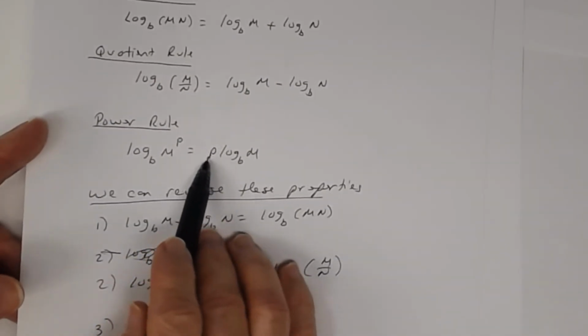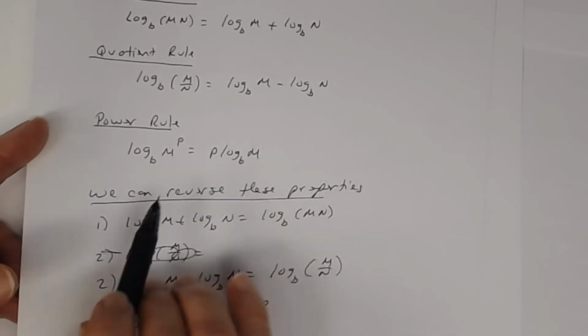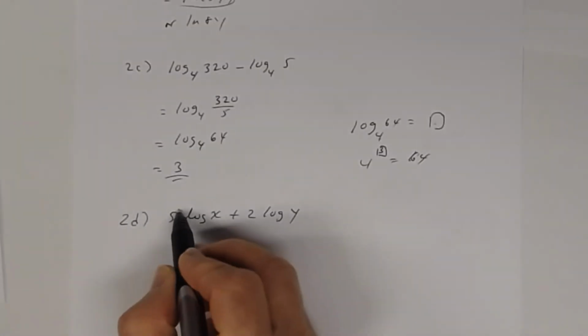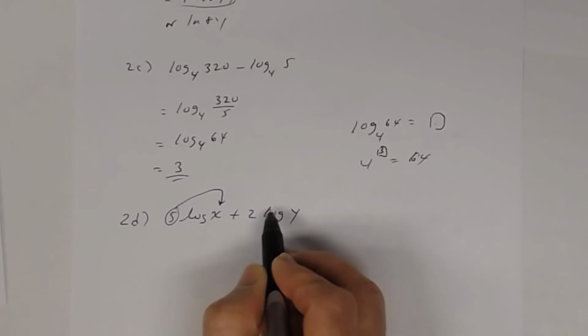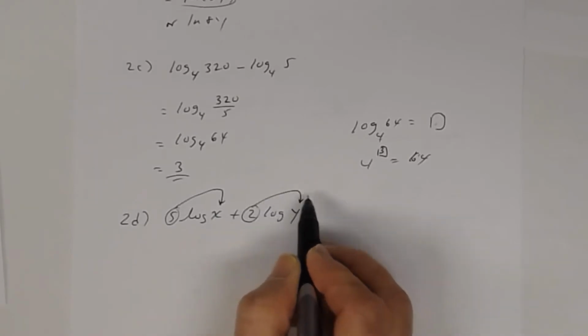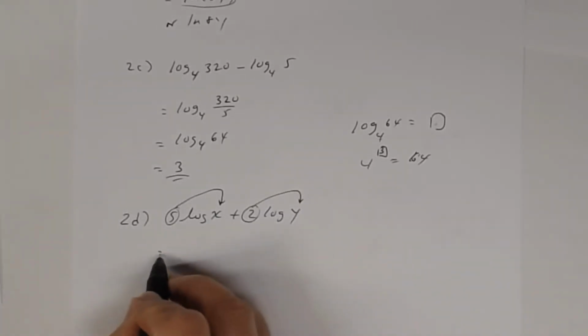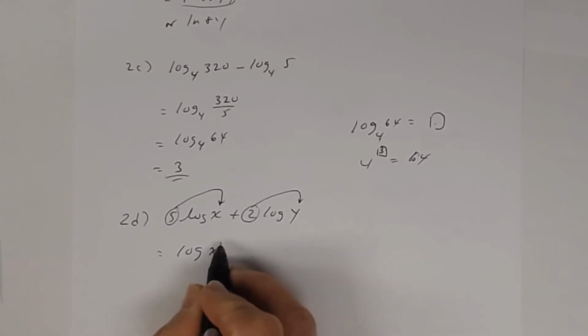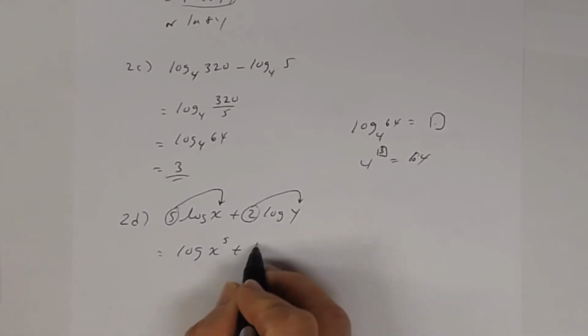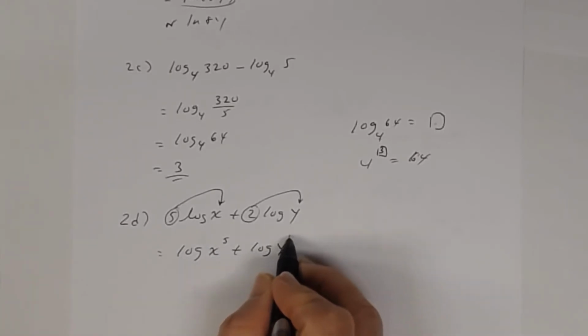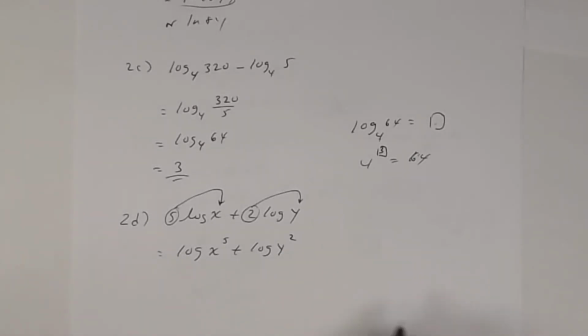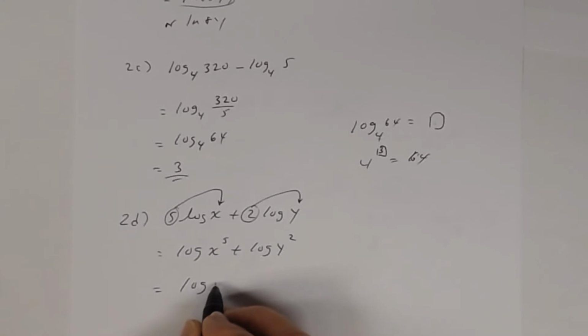So I'm going to rewrite this coefficient as an exponent. I'm going to take this 5 and write it as an exponent, and take this 2 and write it as an exponent. So this becomes the log of x to the 5th power plus the log of y to the 2nd power. And now I can use the product rule. So then I get the log of x to the 5th, y to the 2nd.